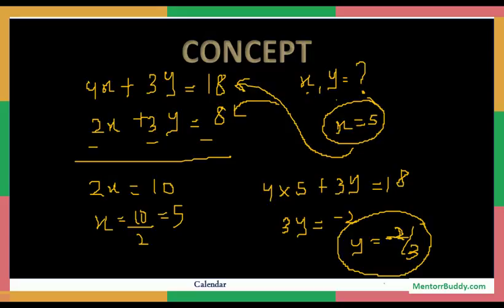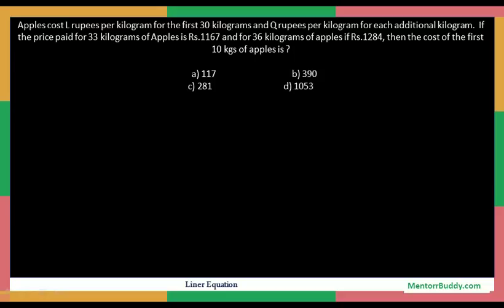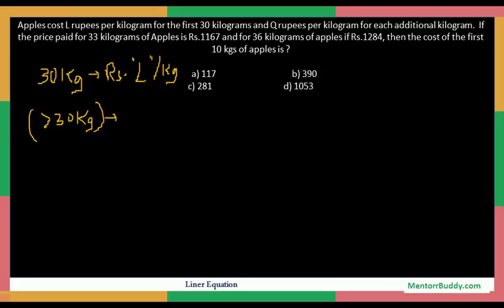So coming to the question once again, it says an apple costs L rupees for the first 30 kilograms. So for the first 30 kgs, the cost was rupees L per kg, and anything purchased above 30 kgs will be charged at rupees Q per kg.